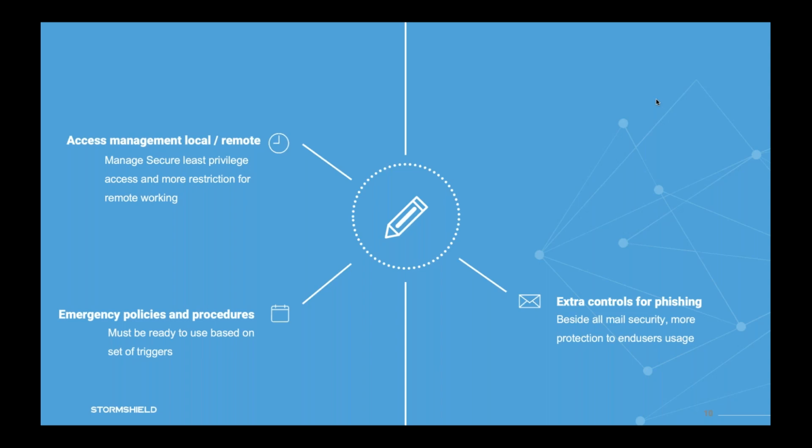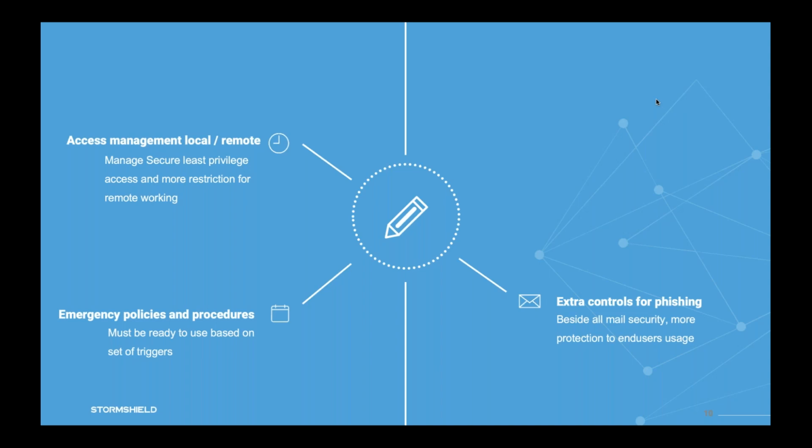They should be treated as if they're coming from external. So full intrusion prevention must be enabled, full inspection, full antivirus, full everything must also be enabled on their access and on their session.